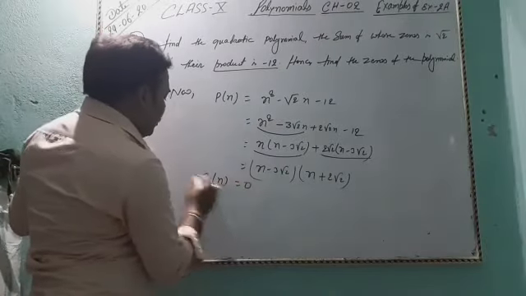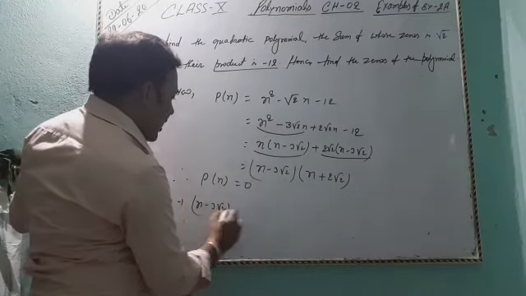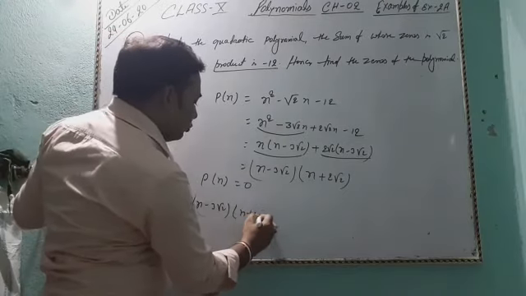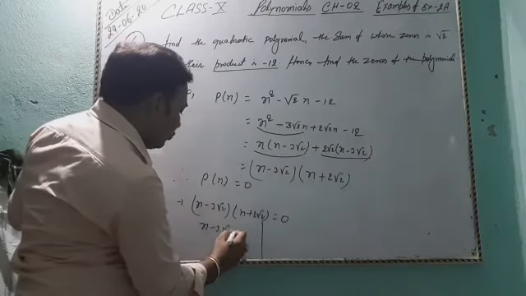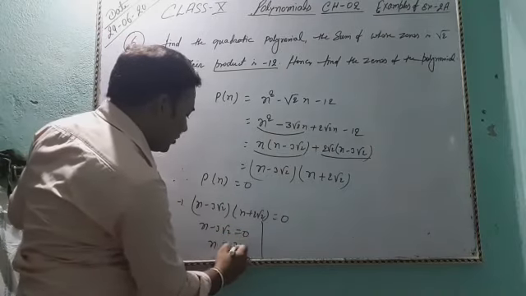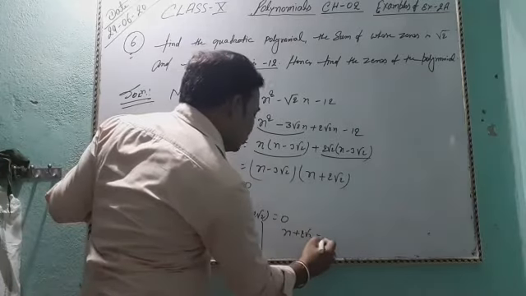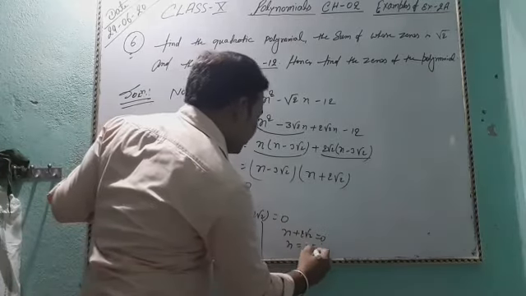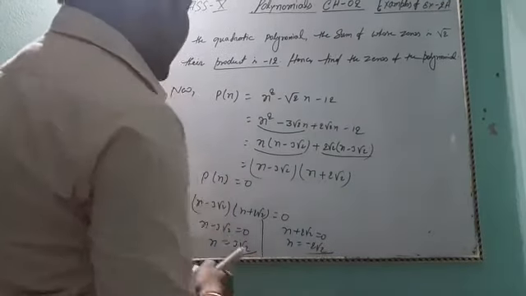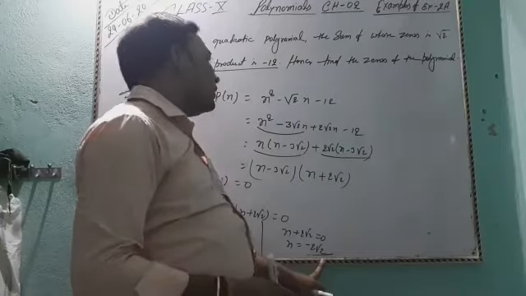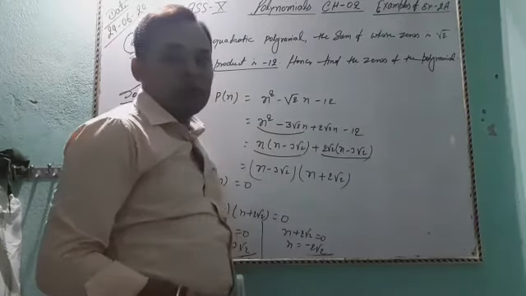Px equal to 0 means (x minus 3 root 2) and (x plus 2 root 2) equal to 0. Two conditions: x minus 3 root 2 equal to 0 gives x equal to 3 root 2, and x plus 2 root 2 equal to 0 gives x equal to minus 2 root 2. So 3 root 2 and minus 2 root 2 are the zeros of this polynomial.